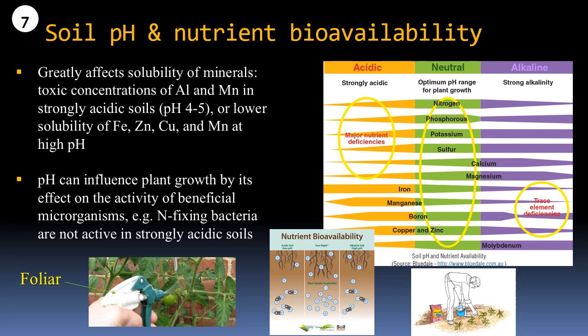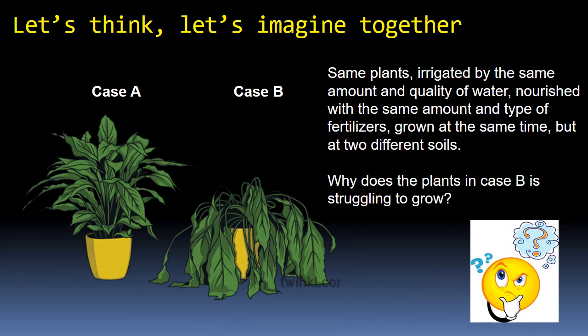I'm sure that you won't advise them to add micronutrients to the soil, because if they add it to the soil, it will not be available, and therefore you might advise him to add it as a foliar directly to the plant. So now it's very important to know that dealing with fertilizers is not only about adding the fertilizer to the soil. You have to have knowledge about the soil pH, because that's very important to determine the bioavailability.